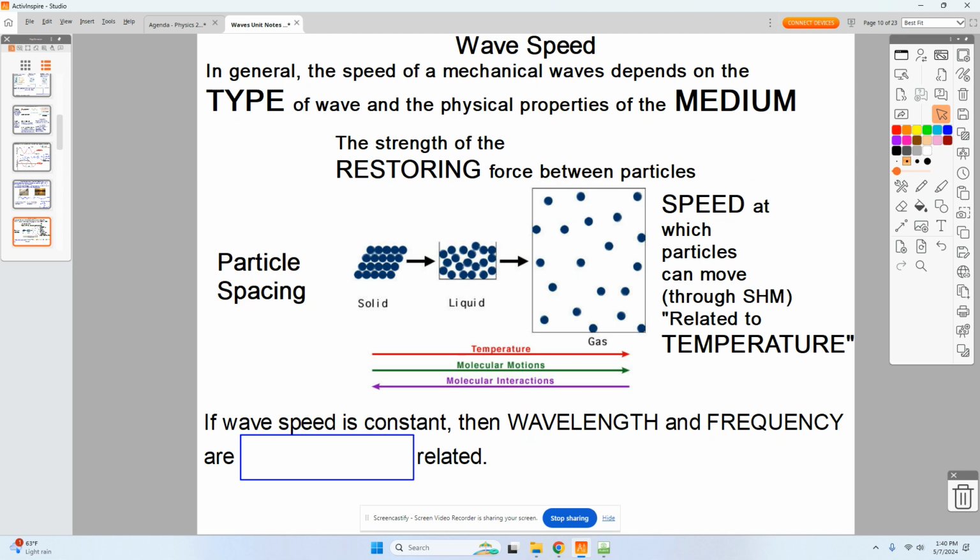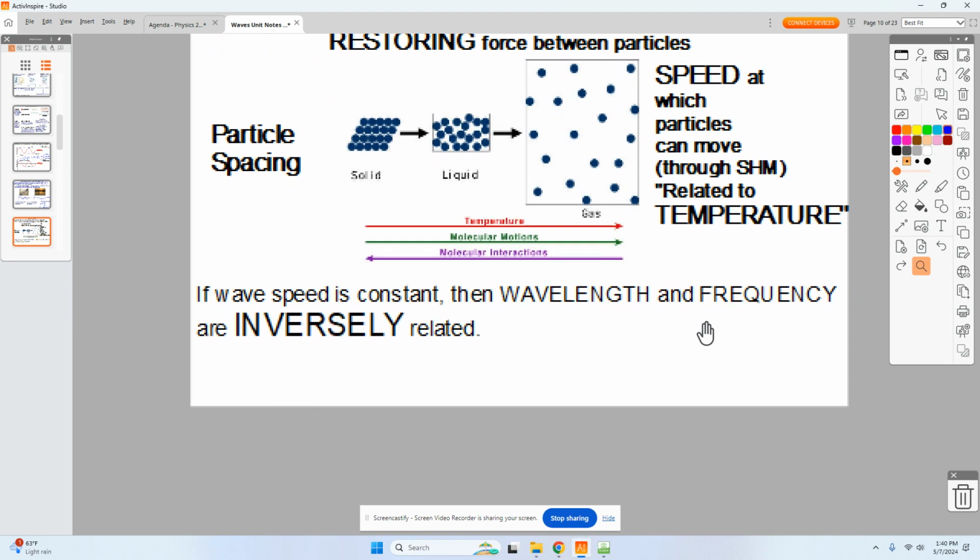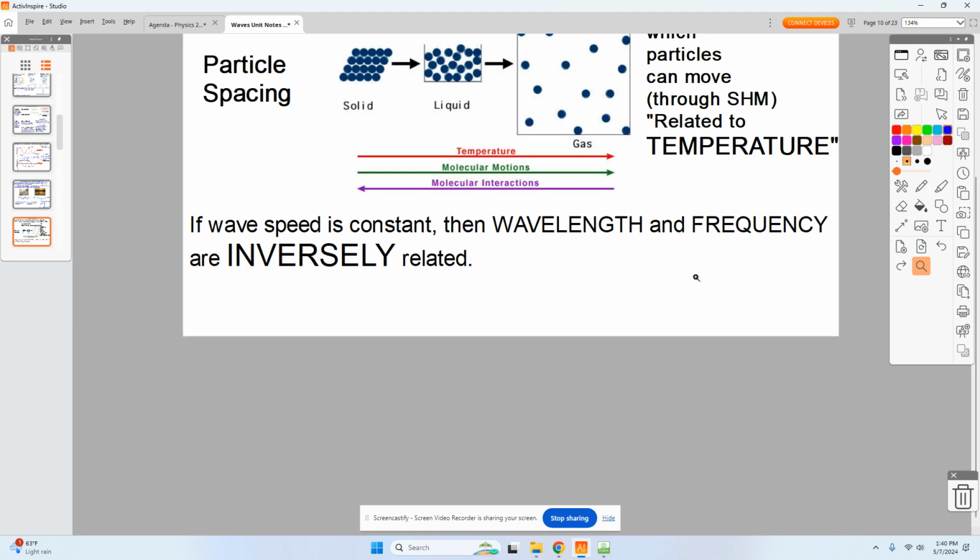If speed is constant, then wavelength and frequency would be inversely related. Again, this is a mathematical connection that frequency and wavelength are inversely related if the speed is a constant. I'm going to write that out using some formula for a second. If the speed at which a wave travels depends on the material properties, then a certain frequency will produce a certain wavelength.